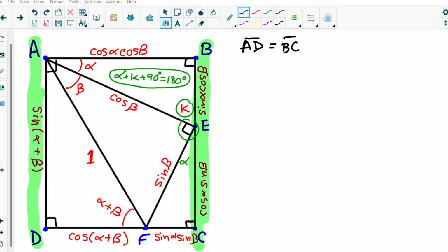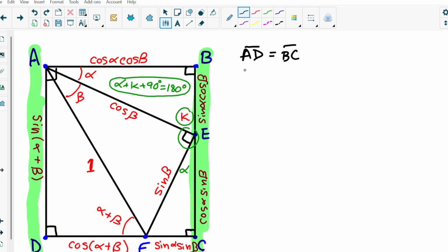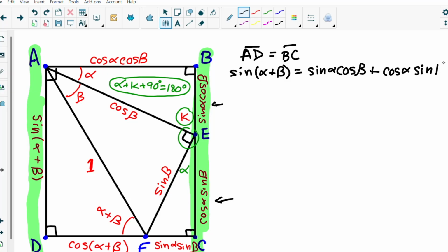Let's substitute in for AD. When I do that, AD is sine of alpha plus beta. And BC, look on the left side, here and here, that is equal to sine of alpha cosine of beta plus cosine of alpha sine of beta.